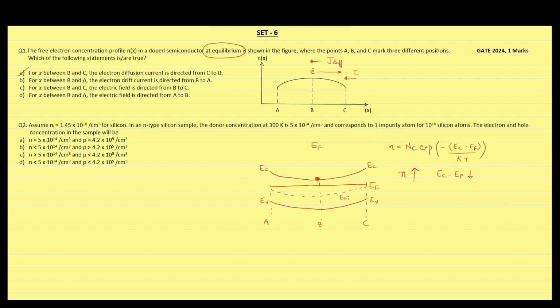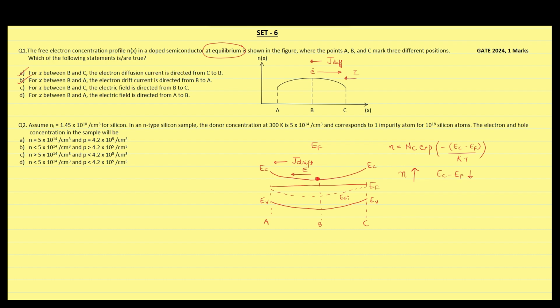Here you have to assume the slope is circular. So this direction will be of the electric field. Therefore, the electron drift current will be in the same direction. Remember that drift current is in the direction of the electric field, irrespective of whether the drift current is caused due to electrons or holes. So, the B option is also correct.